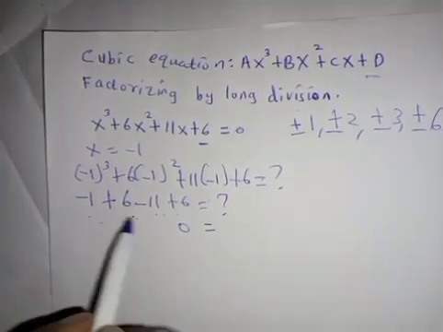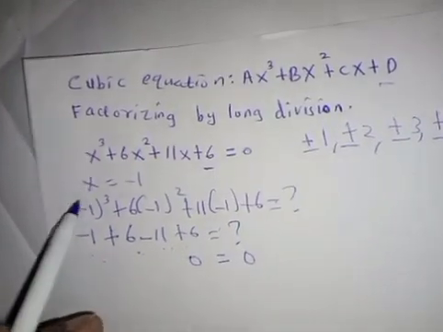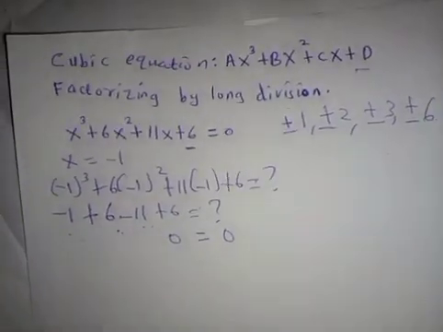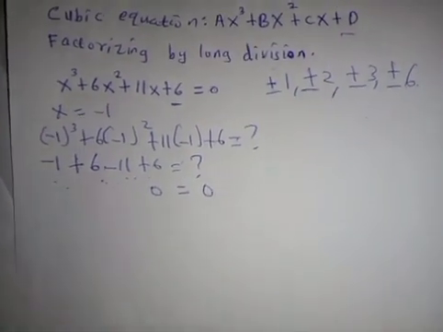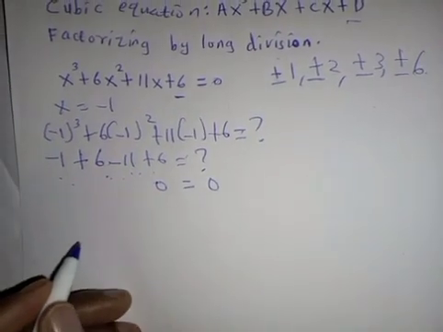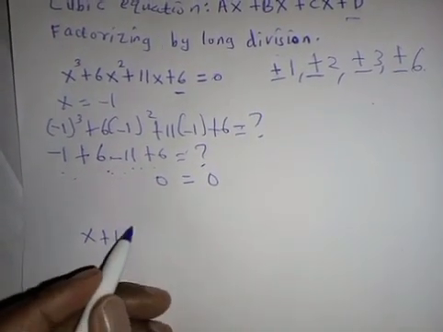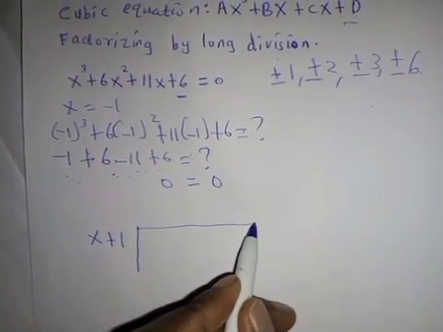Meaning that now 0 is equal to 0. So x equal to negative 1 is a factor. So that is the first thing. Once you get the first factor, which now will be x plus 1, you are going to use the long division method.